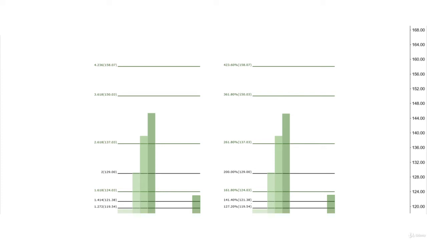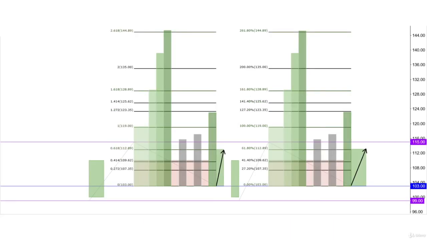base trend range. The 3.618 level is now $39 away from the 0.618 level, but it is still a distance that is 300% of the distance of the base trend. Once again, the extended levels can also be thought of from the perspective of the base trend attached to the end of the retracement, where the 2 level is double or 200% of the base trend, or the 1.618 level is 161.8% of the base trend.